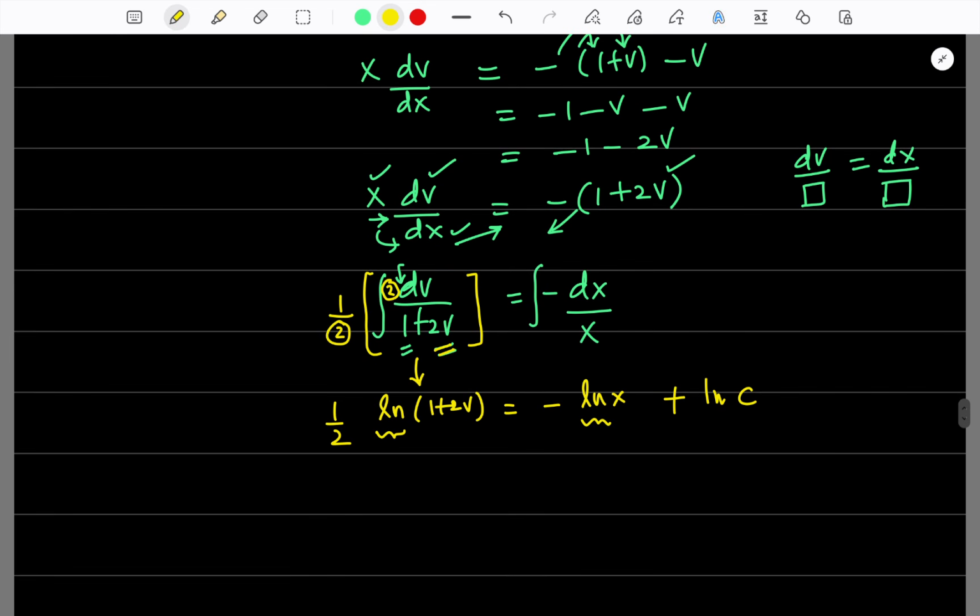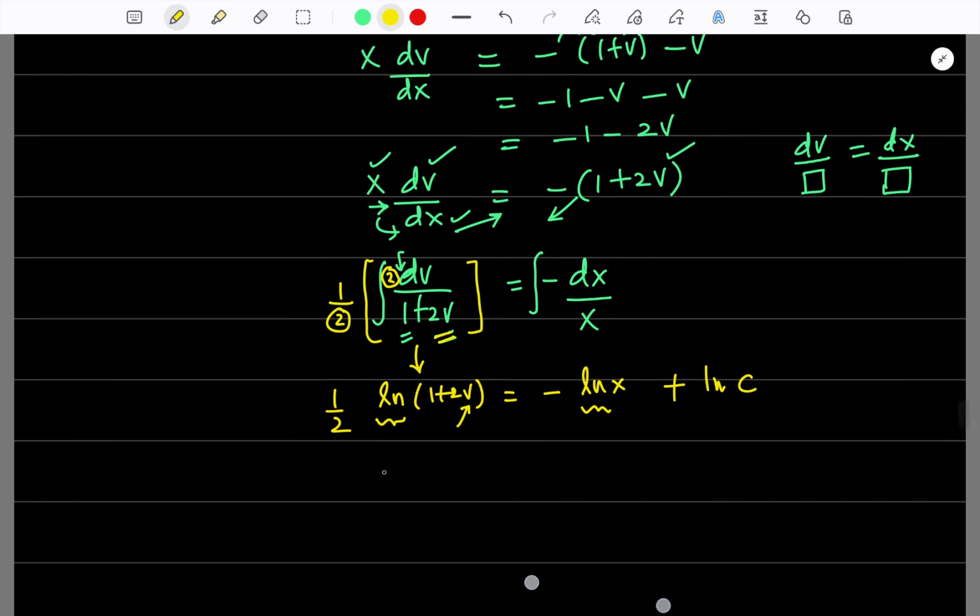Now my v is locked inside ln. Whenever the variable for which you are going to find the final answer is locked inside ln, the best way is converting into exponential, or you can use the pick and tick rule.